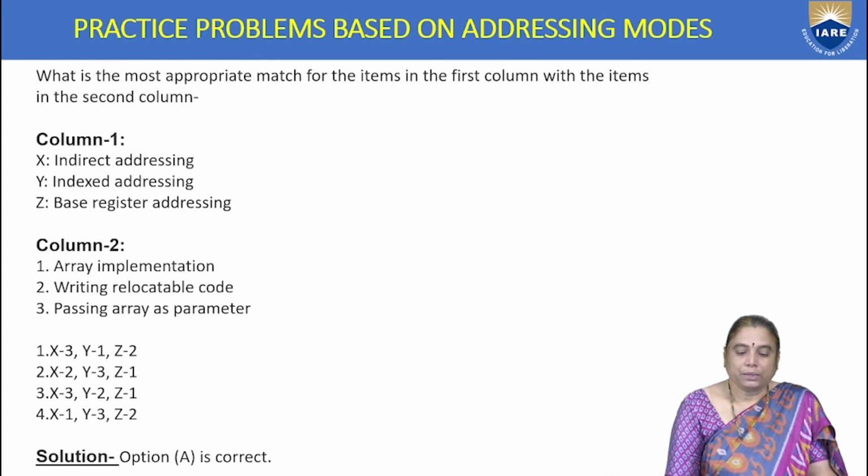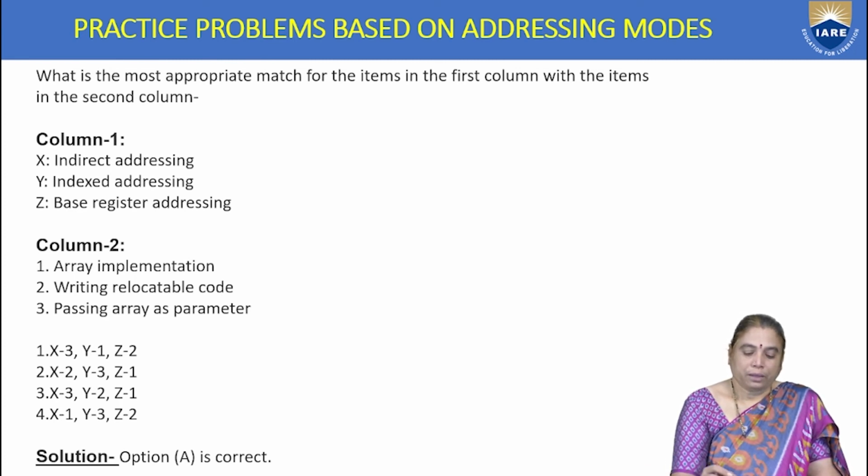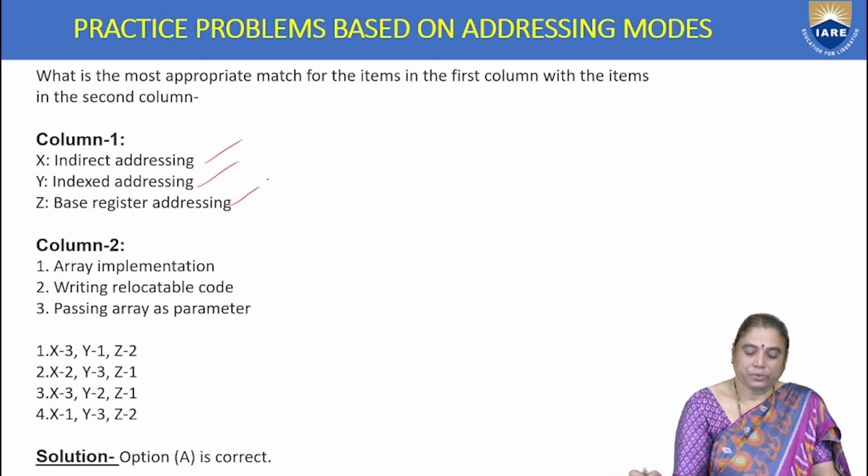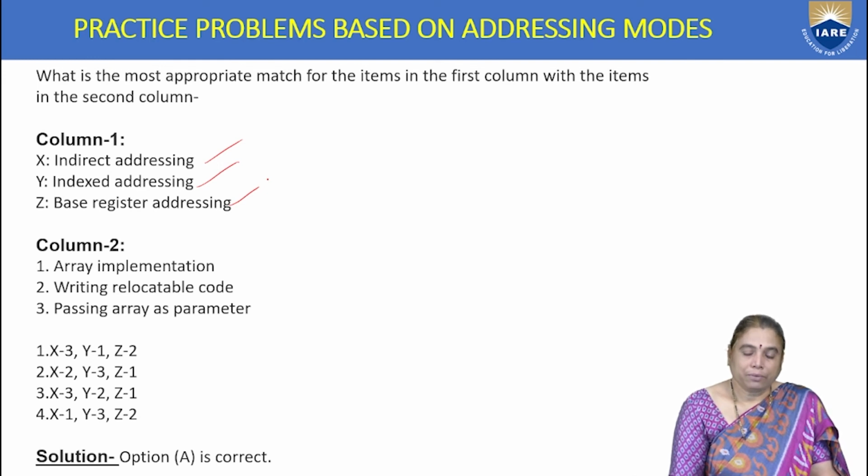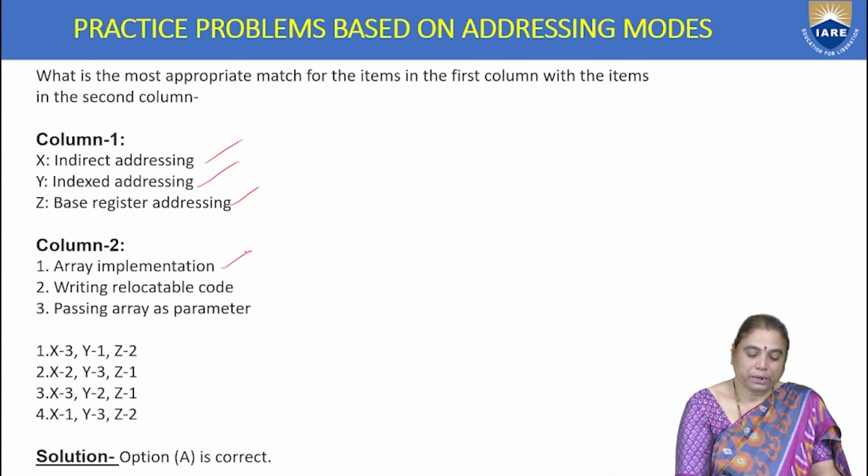Next is: what is the most appropriate match for the items in the first column with the items in the second column. In the first column, the items are indirect addressing, indexed addressing, and base register addressing. In the high level languages, what are the proper constructs that can support these addressing modes? Here we have array implementation, writing relocatable code, and passing array as parameter.